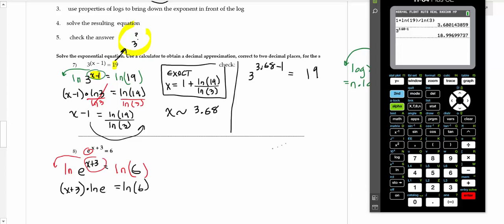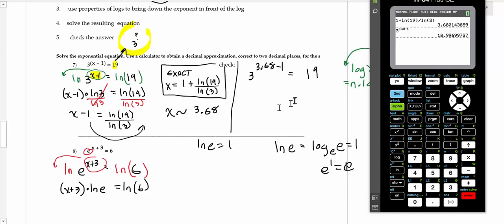Now this ln of e is going to start popping up a lot. It'll pop up a lot in calculus. You guys will work a lot with exponential and logarithmic functions in Calc 1. The idea is that this is just log base e of e. It's equal to 1 because e to the 1 is equal to e. So anytime you see ln of e, that's equal to 1.